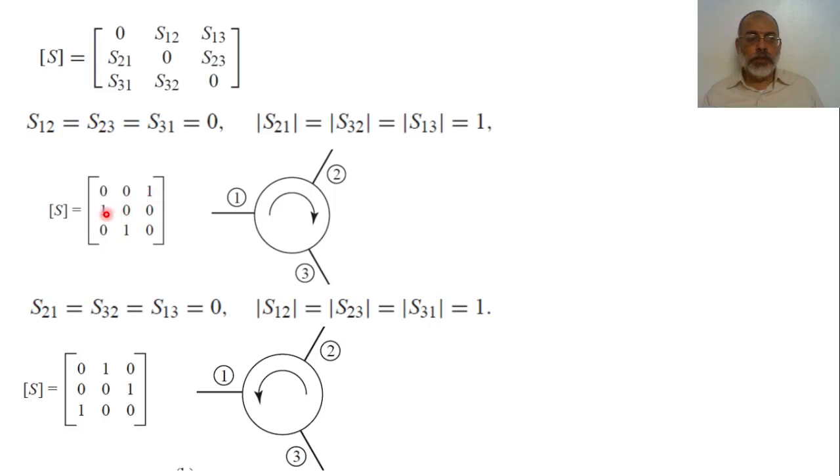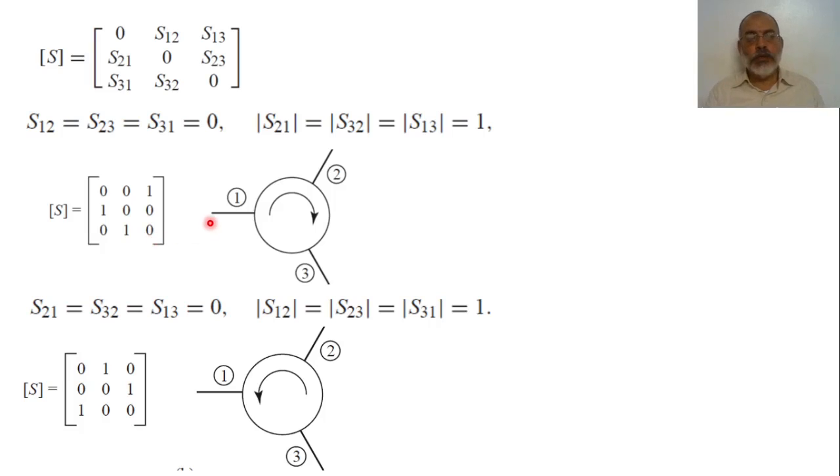Now, S21 is 1, S22 is 0, S23 is 0. Finally, S31 is 0, sorry, S32 is 1, and finally S33 is 0.